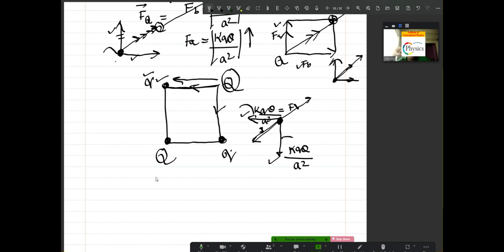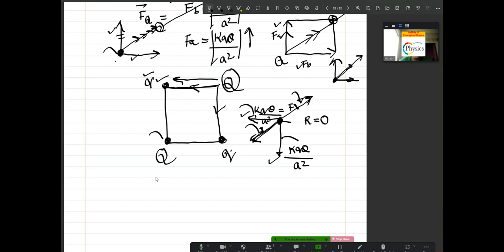This one and this one, when applied, want to bring the charge here. But this charge wants to make it run away. And therefore, if this force and this force become equal, the resultant on this charge is going to be 0. Make sense? It will not move.